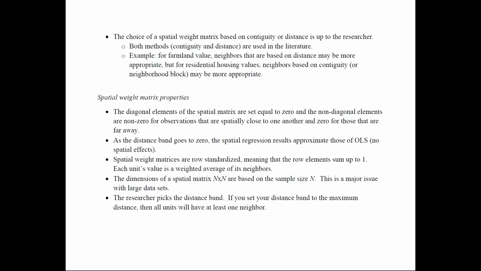Next, the dimensions of the spatial weight matrix would be n times n based on the sample size n. So if you have anywhere like 50, 100, 200, 300, 400 observations, you're okay. But if you have too many of these, like imagine how many counties are in the US, they're over 3,000. If you're starting to create a matrix of 3,000 times 3,000, that will be very hard for software to handle.